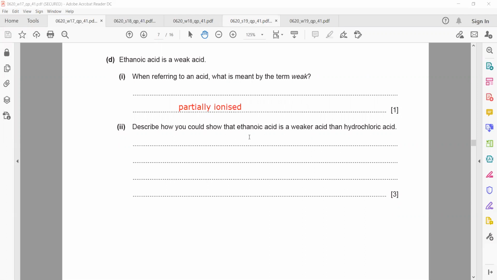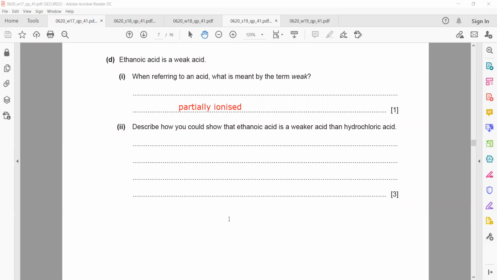Describe how you could show that ethanoic acid is a weaker acid than hydrochloric acid. A simple experiment to show hydrochloric acid is a strong acid compared to ethanoic acid: you can measure the pH. But first, when you are comparing, the two acids should have the same concentration.